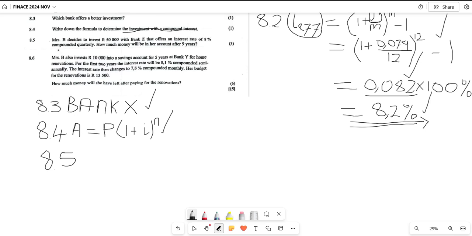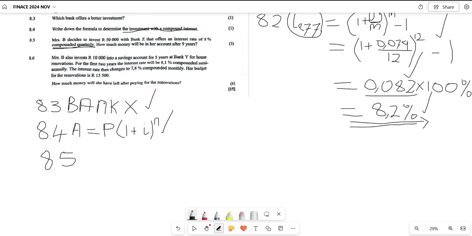Now, the key word comes here: compounded. When you read a financial mathematics statement and you see the word compounded, you must use the compound interest formula. Please, I repeat, when you see the keyword compounded, for this question you must use the compound interest formula.